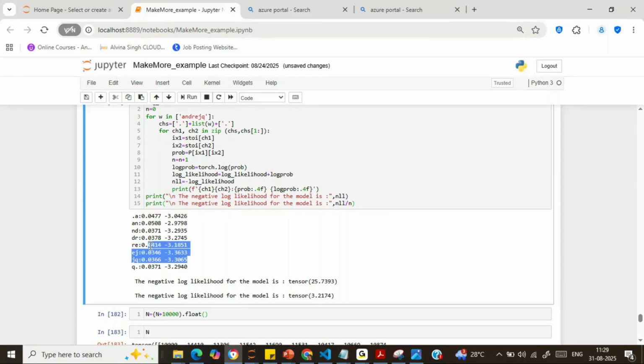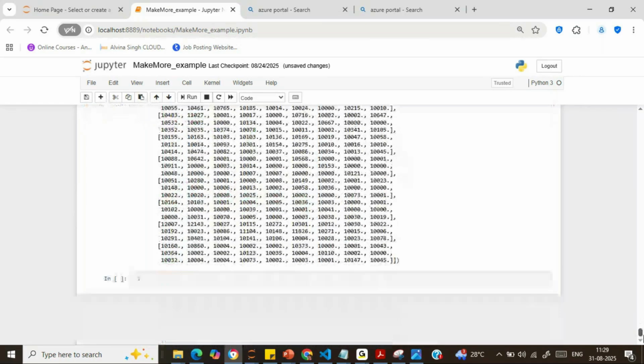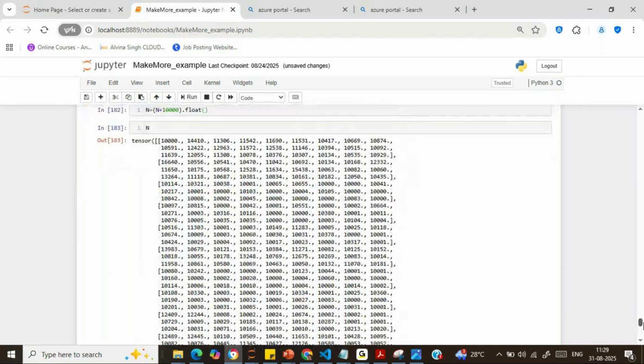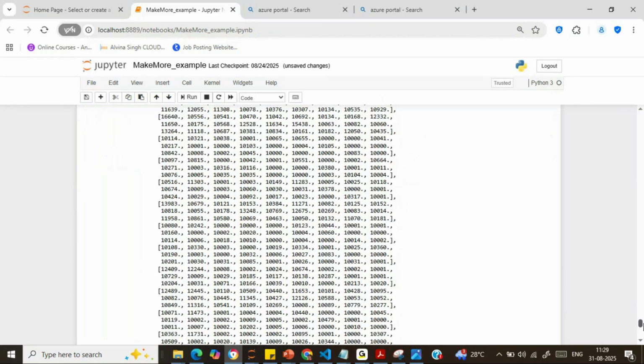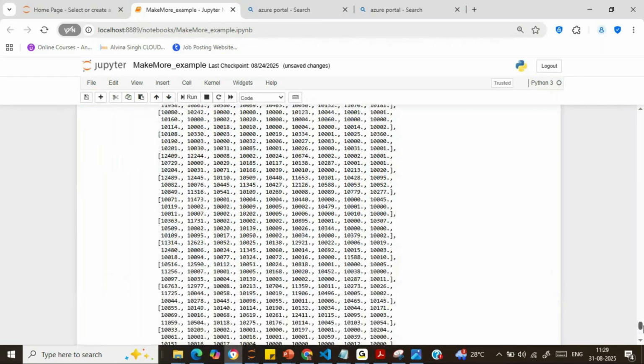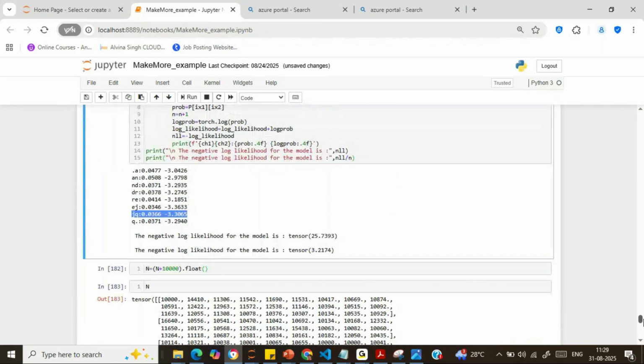So to optimize it, we added a number into n, and post addition of the number the model is a little bit optimized and we are able to get the outcome. It is not going to infinity. Okay, so that is the stuff.